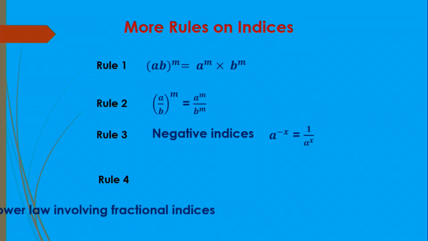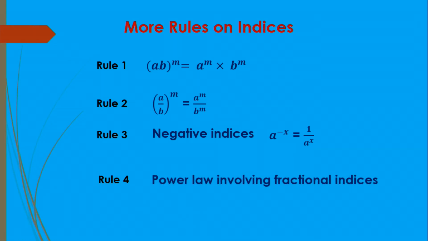Rule number 4, we are going to use the power law involving fractional indices. That is, if we have a power x inside a bracket, then power 1 over y, you have two powers here. One is an integer and one power is a fraction. So if we apply the power law here, you're going to multiply x by 1 over y.